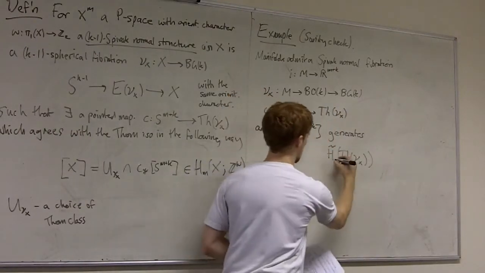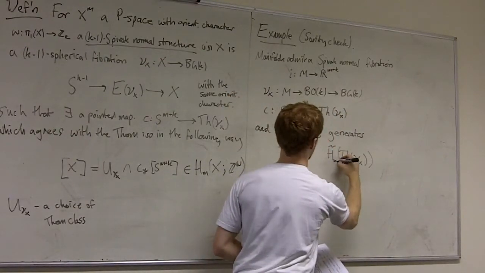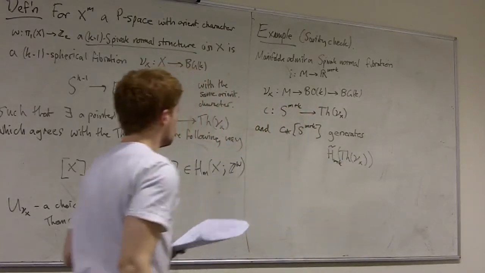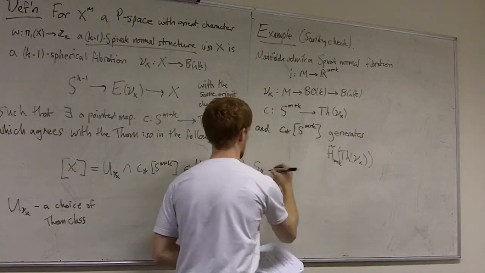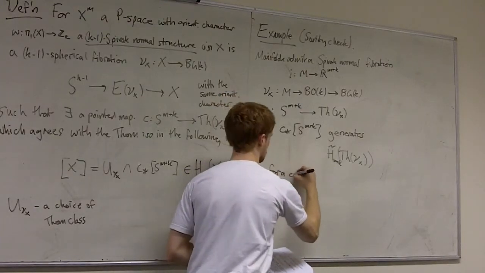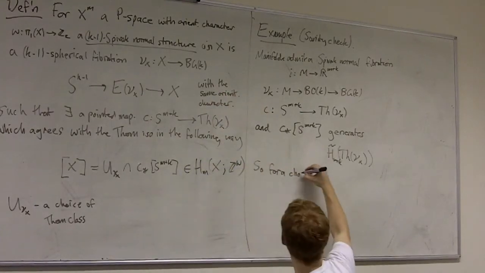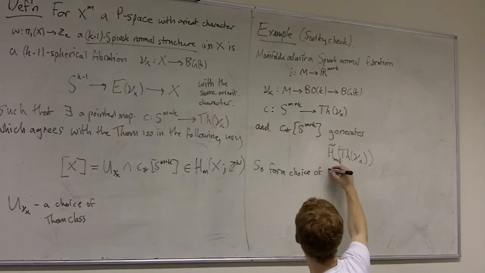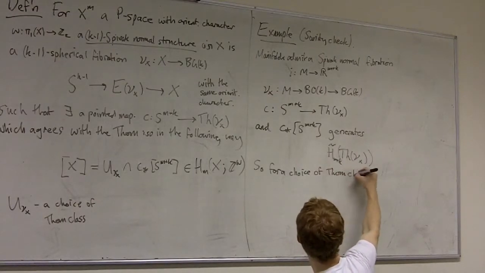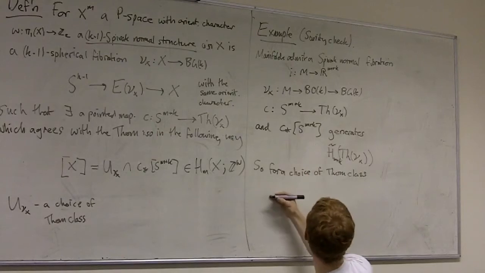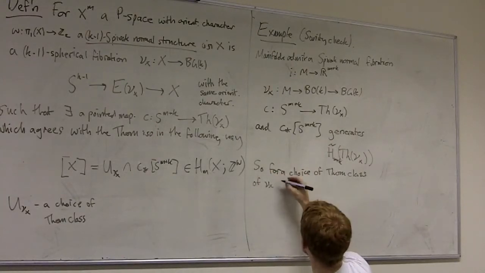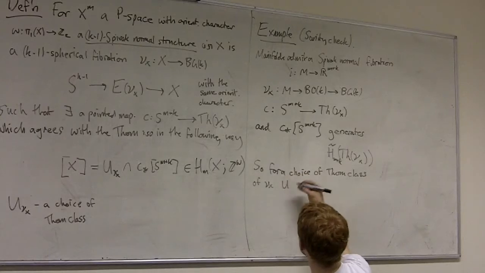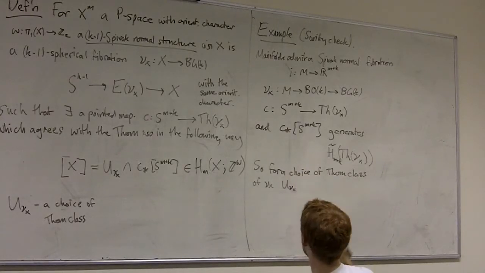So I want that M plus K. Okay, so for a choice of Thom class of this thing, we're going to call that U_X.